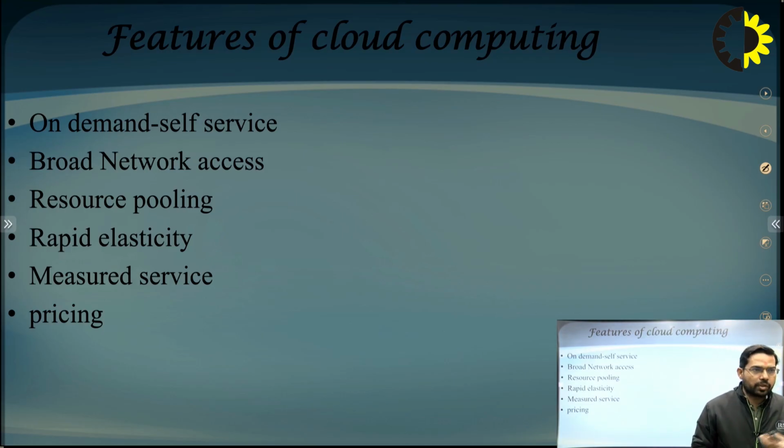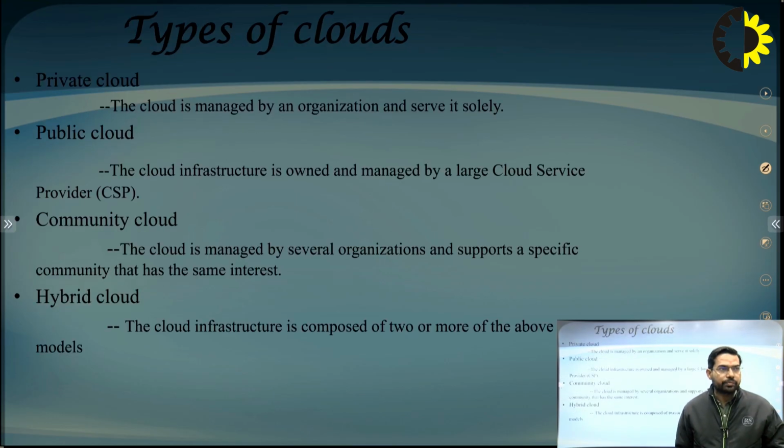Resource pooling, if I am purchasing software as a service, I can give you the user and password and you can also use that particular resource. Rapid elasticity, so we can easily increase or decrease the size. Measured service, when we are using that service there is some counting, and it also measures how much of the service you are using, and also the pricing.